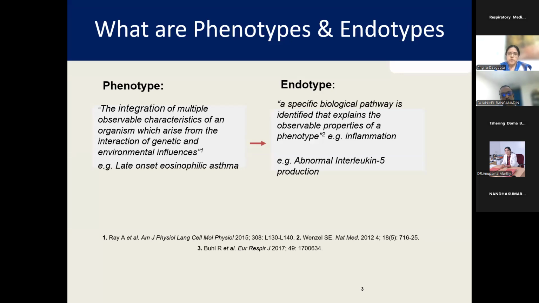For example, in a phenotype, we can see that we have late onset asthma, whereas the endotype of that patient is a specific biological pathway, an IL-5 mediated or eosinophil mediated pathway. So that's an endotype, whereas the earlier one was a phenotype.